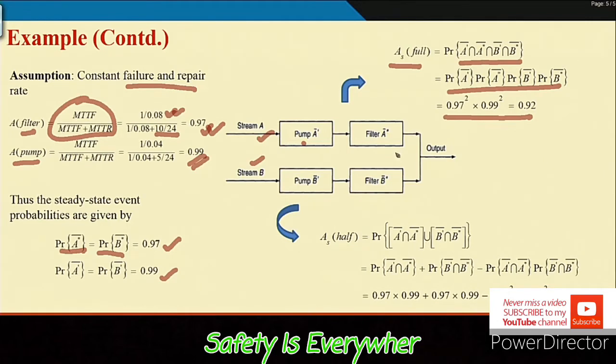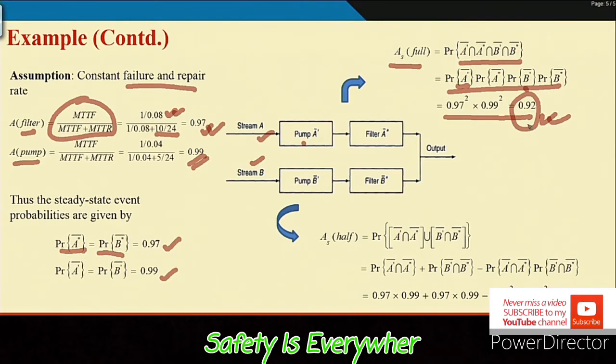So A star pump 0.99 and B star, that is also pump 0.99. So that is this one. Okay, so 0.99 square and 0.97 square, that when you multiply the two you are getting 0.92.